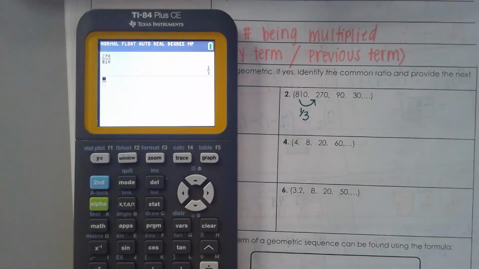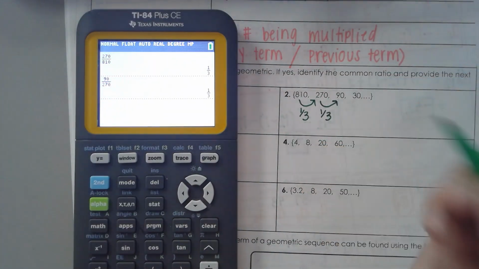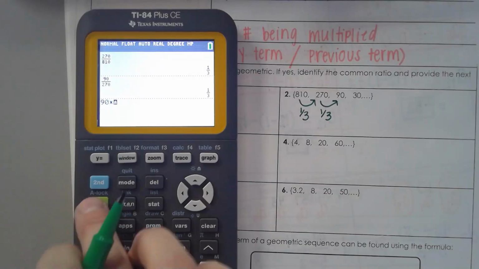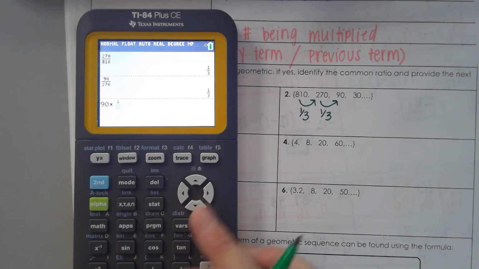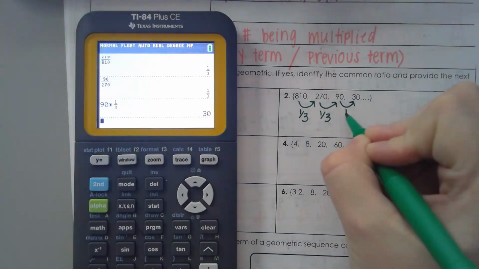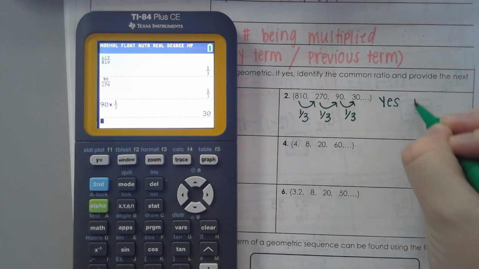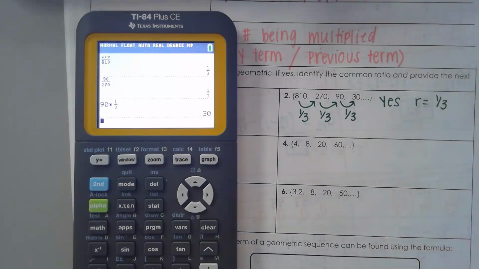Okay. So 90 over 270, 1/3. Let's see if 90 times 1/3, see if that's 30. Yes, it is. So yes, it is geometric. The R is 1/3.